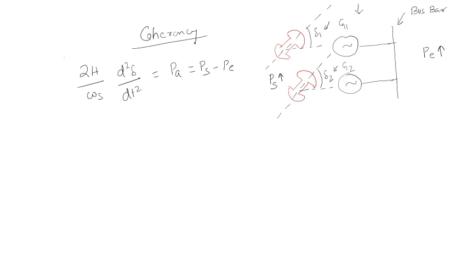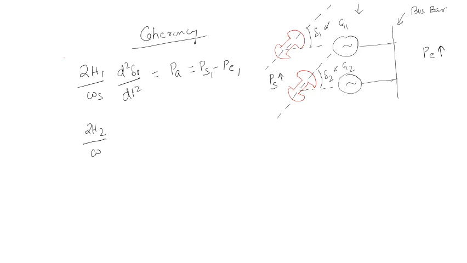Suppose I am writing the swing equation for the first machine, that is G1. Here I put delta 1, P1 and E1. So this is my swing equation and this is my H1. Now the same equation for generator 2.